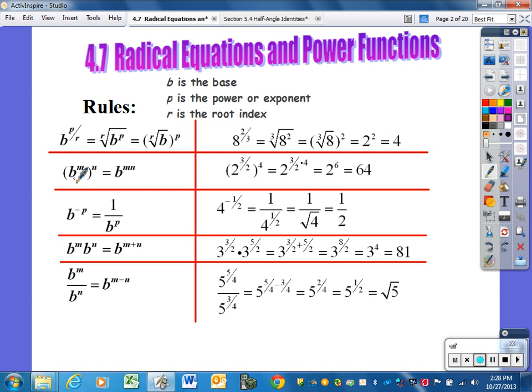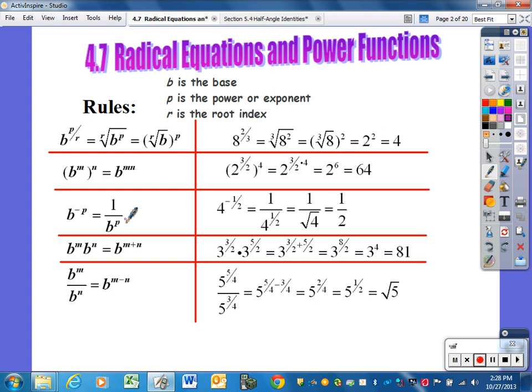When we have a base raised to a power, you multiply the powers. When our base is raised to a negative power, it means to reciprocal the base and raise it to the positive power.